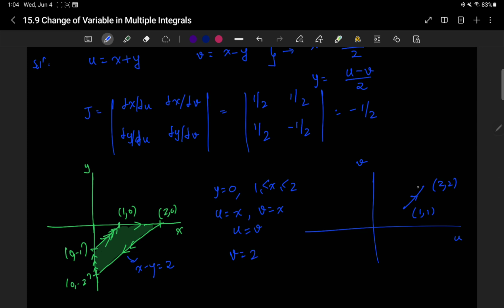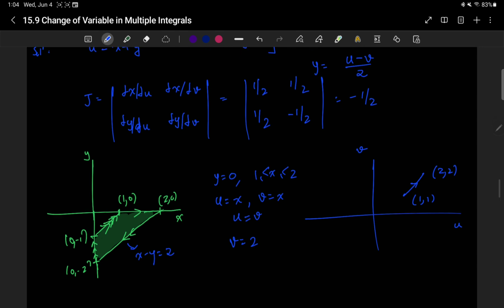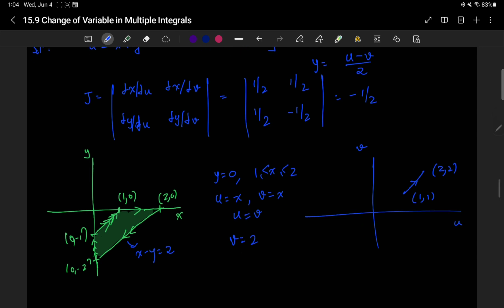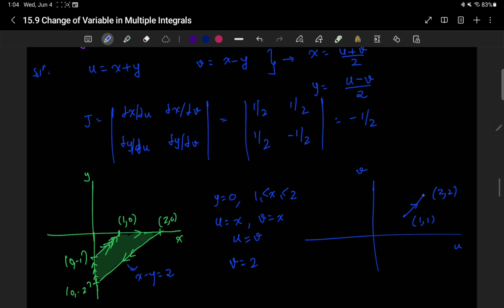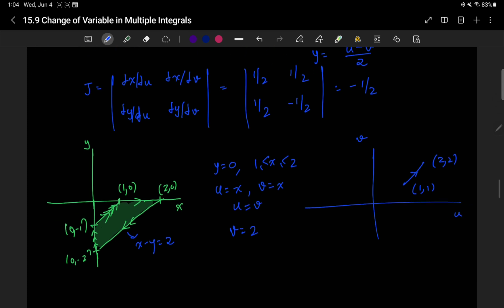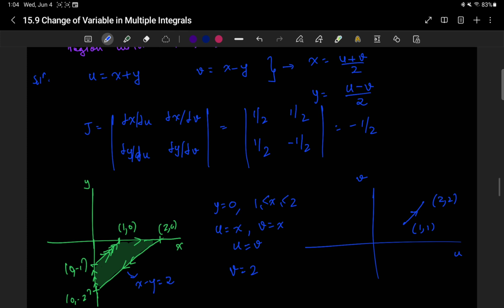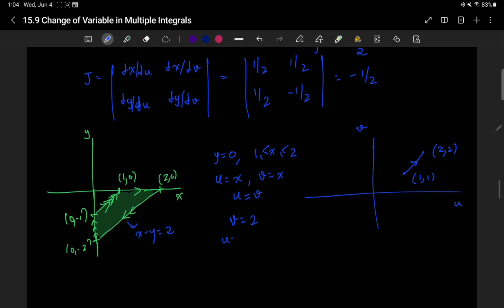So v equals 2 means it's a constant line, and we have to figure out what happens to u here. V is 2 and u is x plus y.